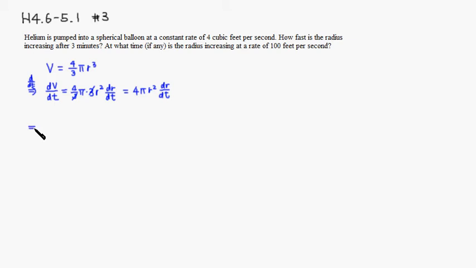We can just divide through by 4 pi r squared, so you have 1 over 4 pi r squared times dV over dt is equal to dr over dt, right?